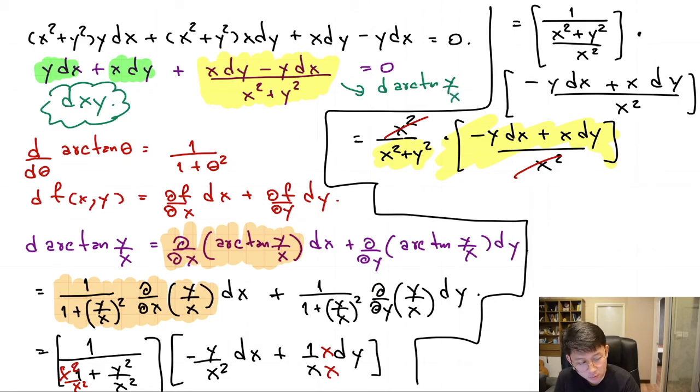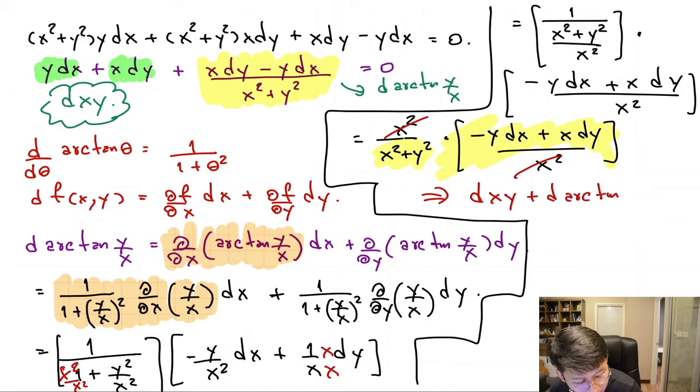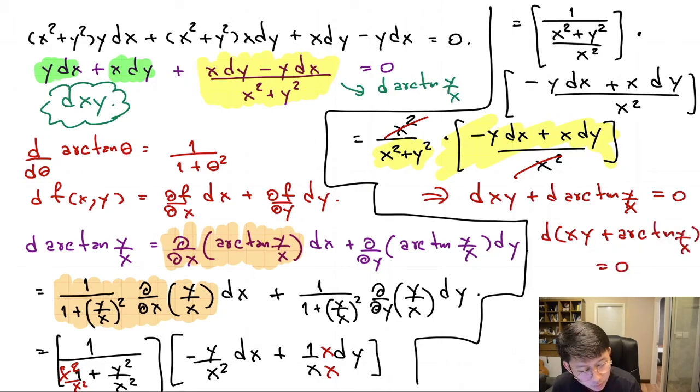So the equation becomes d of xy plus d of arc tan y over x equals 0, which means xy plus arc tan of y over x equals c, and that is the solution.